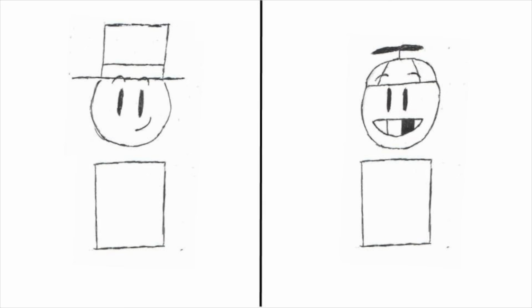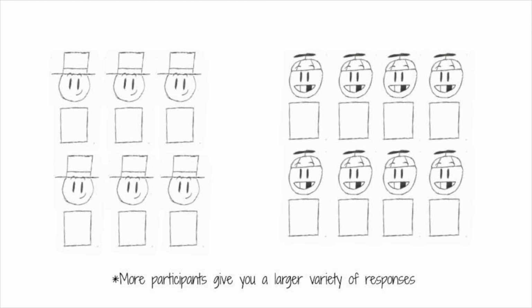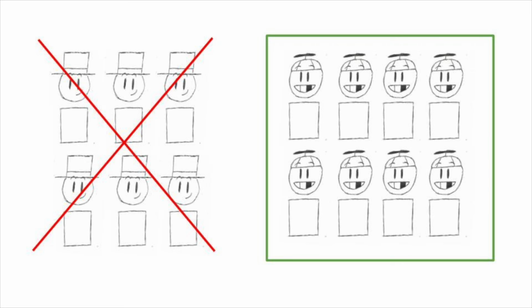Let's say adults versus kids. In this case, you would want to have an equal number of kids and adults doing your survey. Because if there are more kids than adults, or vice versa, the group with more participants will give you more data and you'll get more accurate results for the larger group than the smaller group.